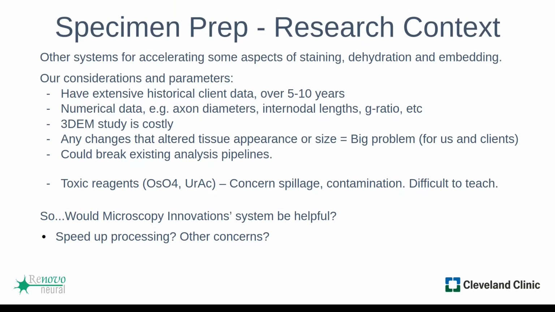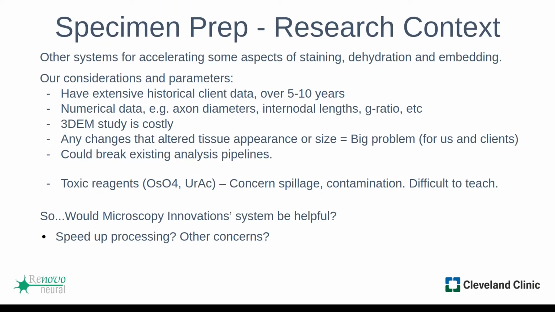And some other automated or semi-automated staining approaches we had seen seemed like the systems would be forever contaminated if we put heavy metals in there, and that would render them impossible to be used for other processes or for people who want to use the systems in other ways, like for immunostaining or other things. Also, most importantly for us, automated staining isn't of much use if the results are not comparable to the best manual staining.